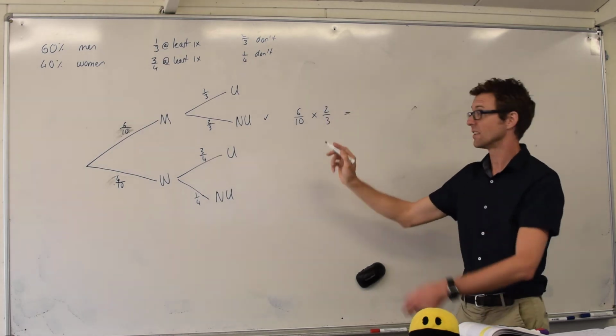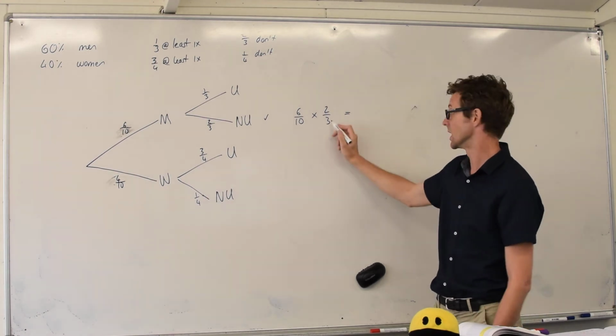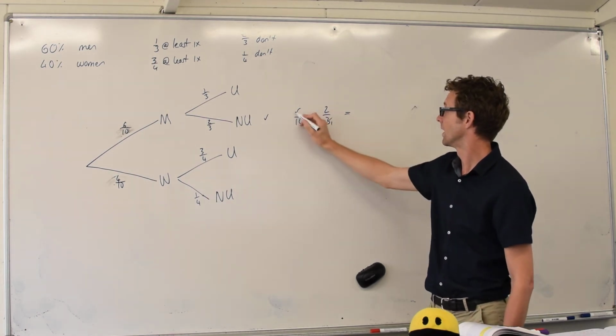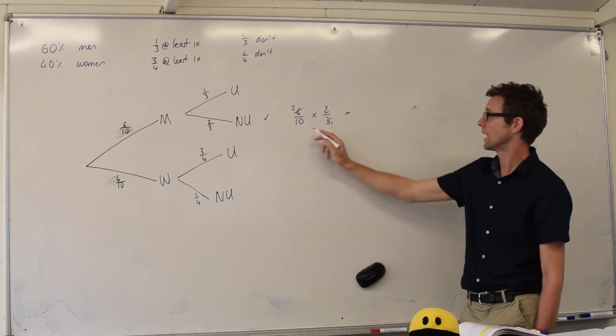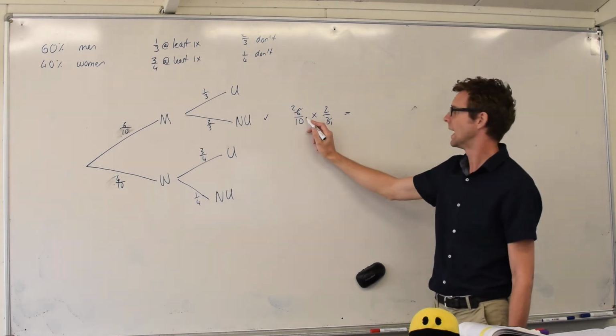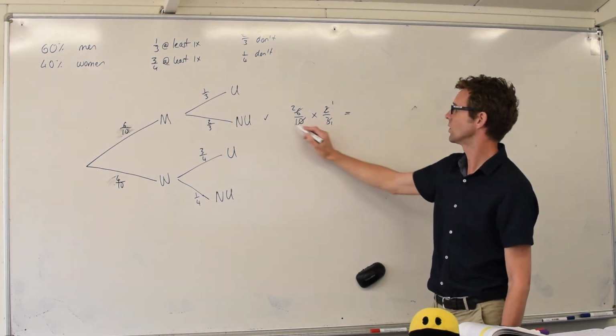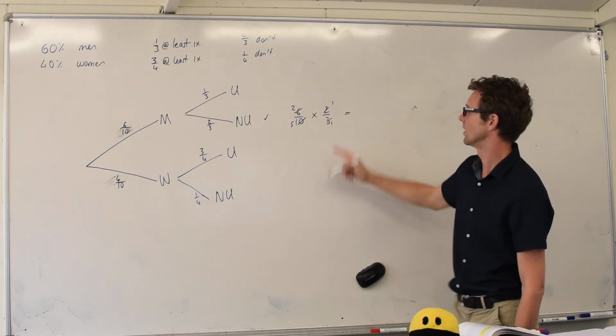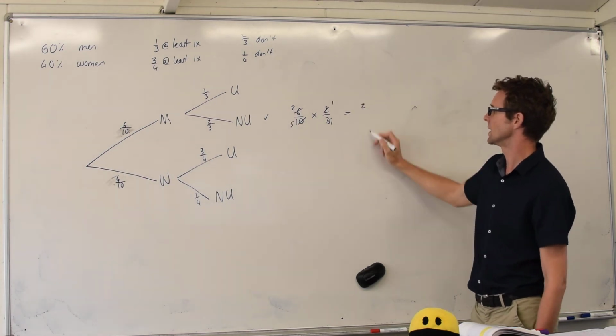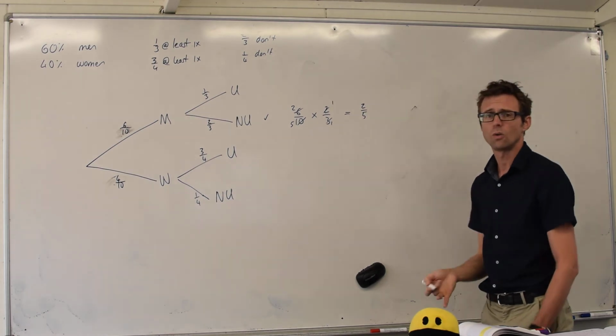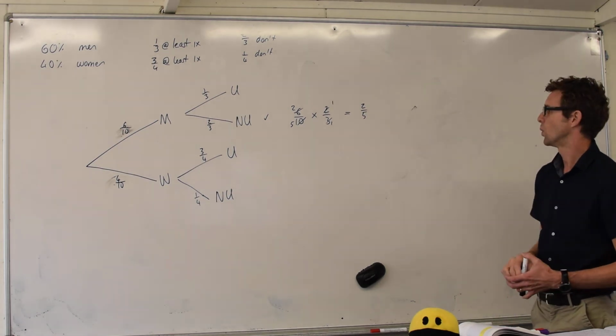We can simplify this, can't we? We don't need a calculator, do we, Ishan? So 1, 2, okay, and we can simplify here as well. 1, 2 is 2, and 5 lots of 2 make 10. So this is going to be 2/5, or we could say 0.4.